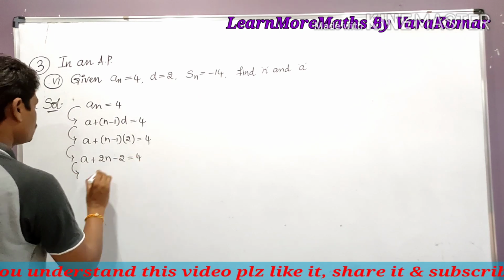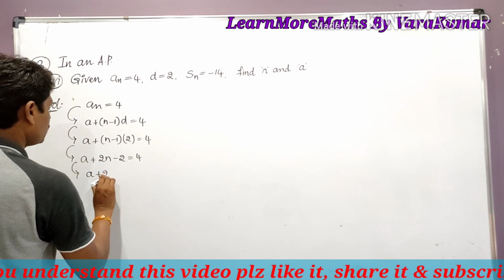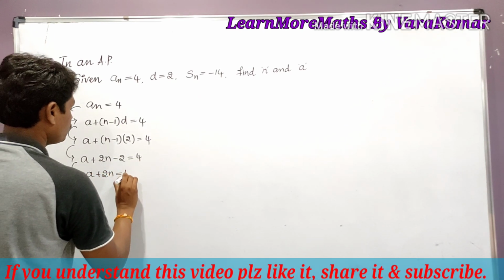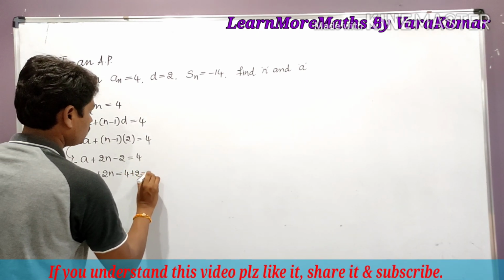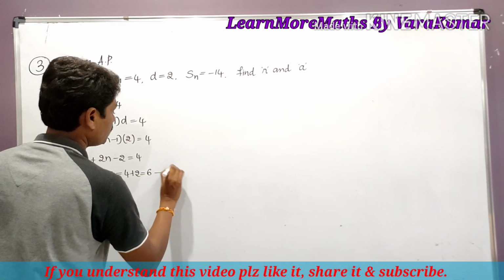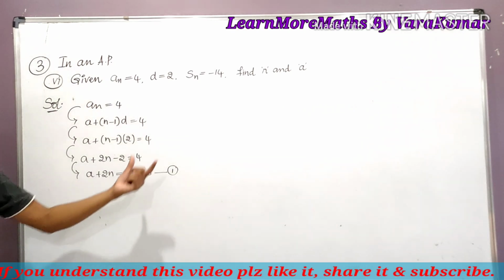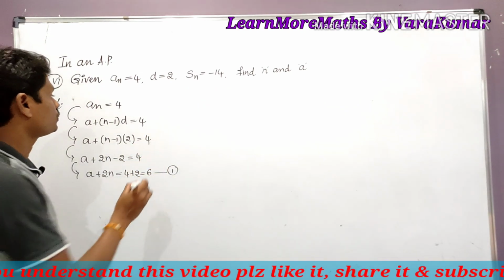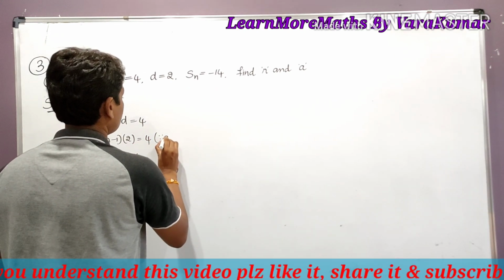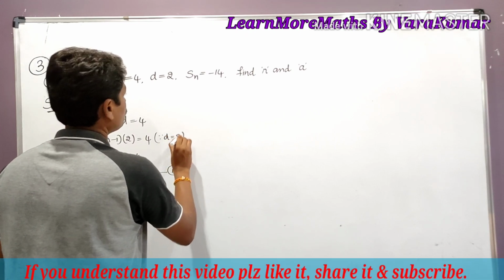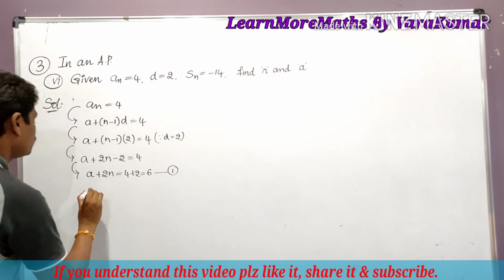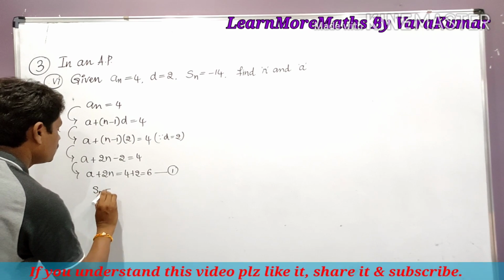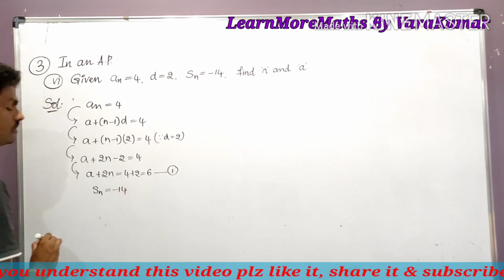Take minus 2 to the right side. It becomes a plus 2n is equal to 4 plus 2, that is 6. Let it be equation number 1, student. Again he has given Sn is equal to minus 14.